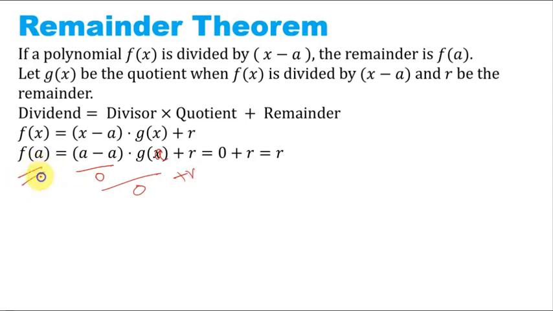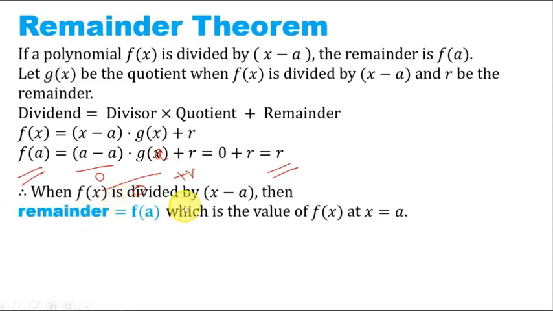And hence, f(a) is equal to r. And this is the value of the polynomial when x is replaced by a. When f(x) is divided by x minus a, then the remainder is equal to f(a), which is the value of f(x) at x equals a.